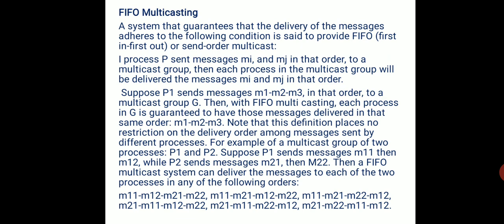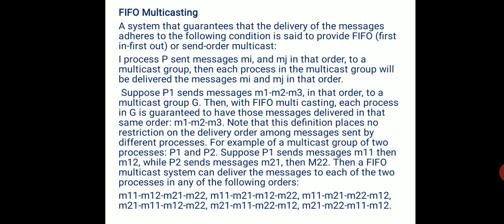If a process P sends messages Mi and Mj in that order to a multicast group, then each process in the multicast group will be delivered the messages Mi and Mj in that order. So all the processes will receive these messages in Mi and Mj order only.